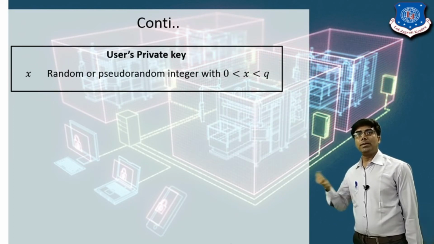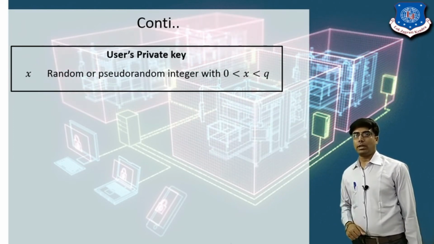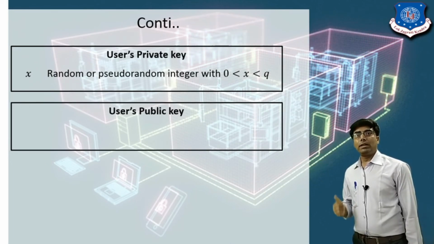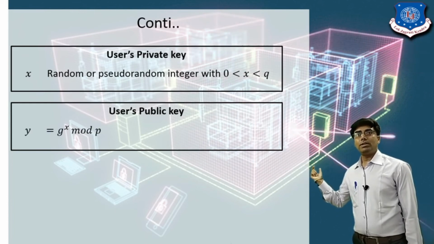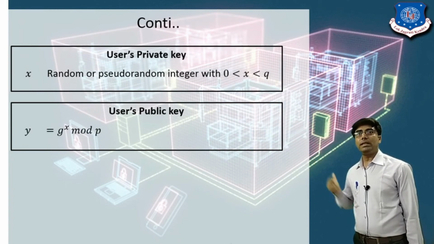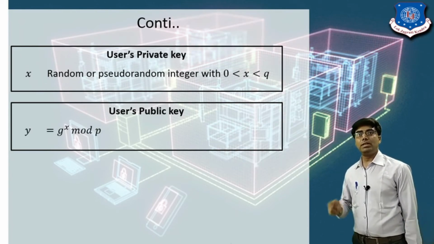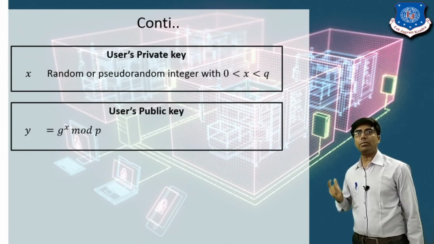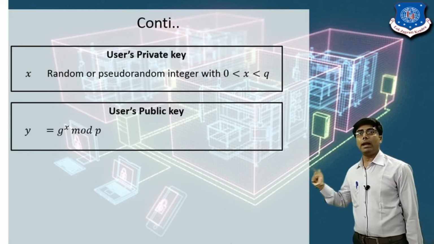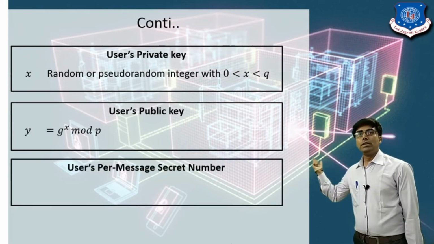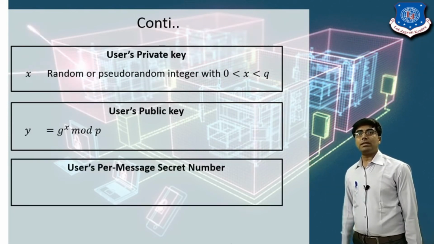This x represents the private key of user A. Based on that private key, we have to create the public key. The equation for the public key is y equals g raised to x mod p. G and P are the global public key components, and x is the private key.